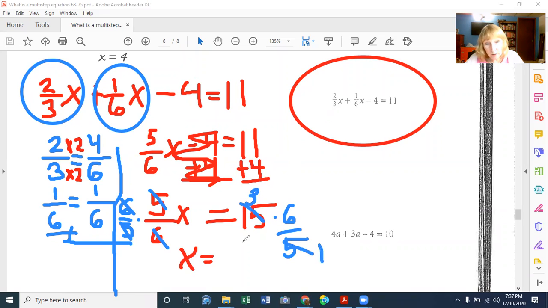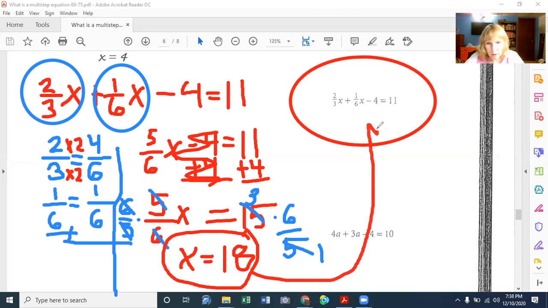So I have 3 times 6 is 18 over 1, or just 18. So my x is equal to 18. So that is my answer to this problem right here. Again, I can check by putting my 18 back in for x and seeing if I get 11 out of that. Okay, that one was, let's clear all that.